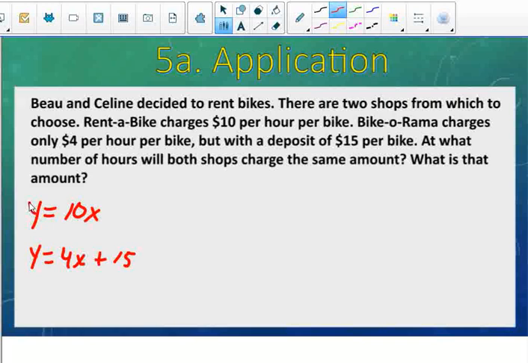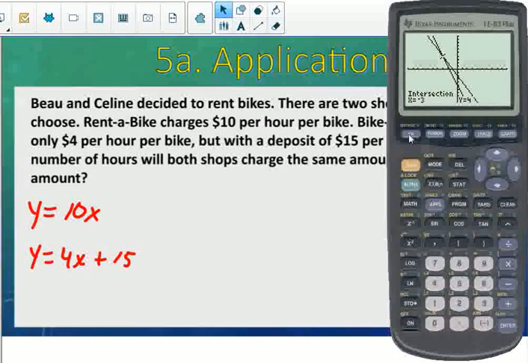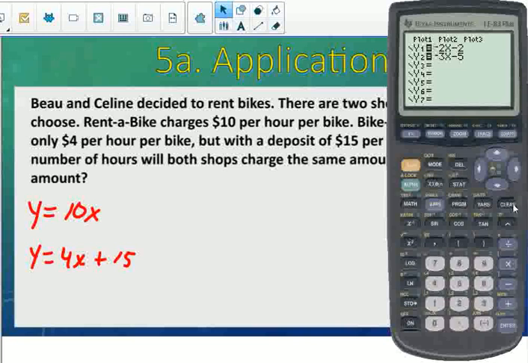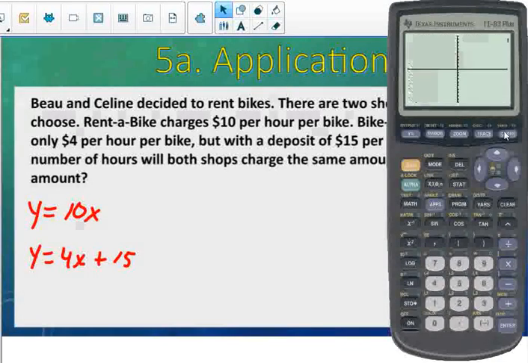So those are our 2 equations there. We're going to graph this using our calculators here. So I go to my y equals button, clear, and put our two equations. So this would be 10x. And the other one is 4x plus 15. And then I can graph them.